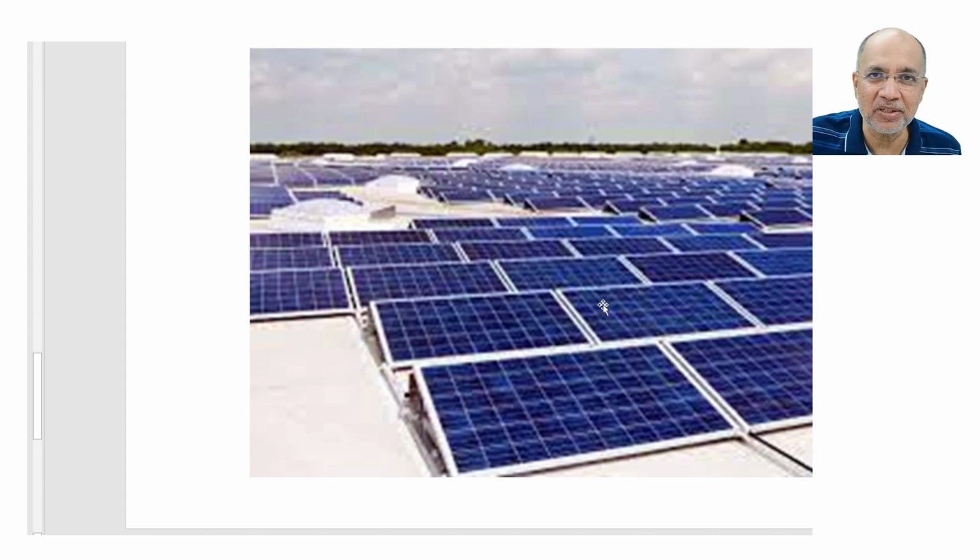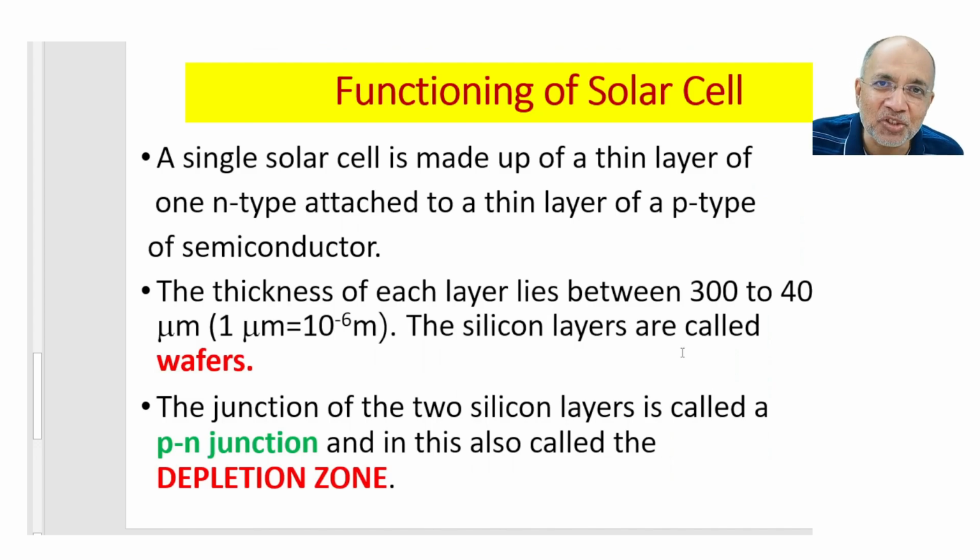We are heading towards solar energy to a large extent in the coming 10 years. Each panel is made up of the basic unit of energy production, which is called a solar cell. A combination of a large number of solar cells produces a solar panel. Now let us talk about what this solar cell is.